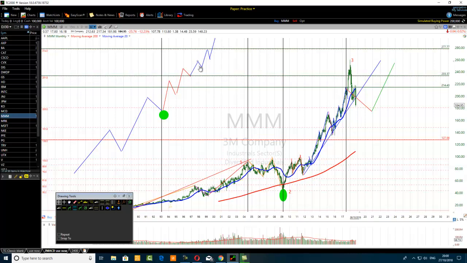Your wave forecast is wrong. It's extension of the fifth. So this section here is the fifth wave extension of the fifth wave itself. So 1, 2, 3, 4, 5. Now the fifth wave of the fifth wave itself has been extended.